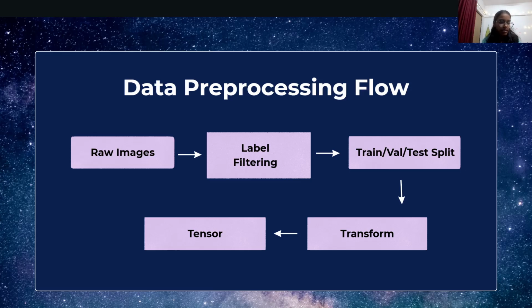Second is label filtering. Since our experiment focused on a simpler binary classification task, we converted the dataset into two main categories. One is elliptical and the second is spiral. To achieve this, we used probability thresholds from the dataset.